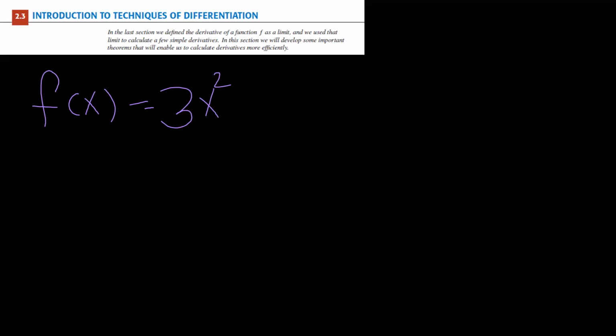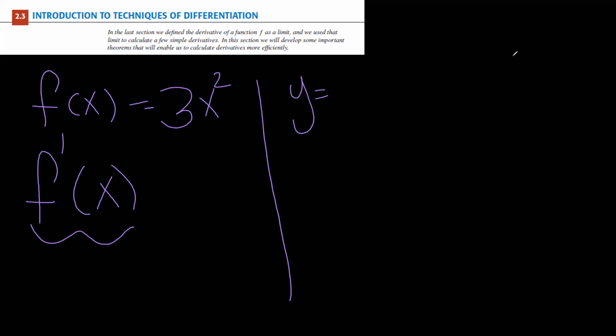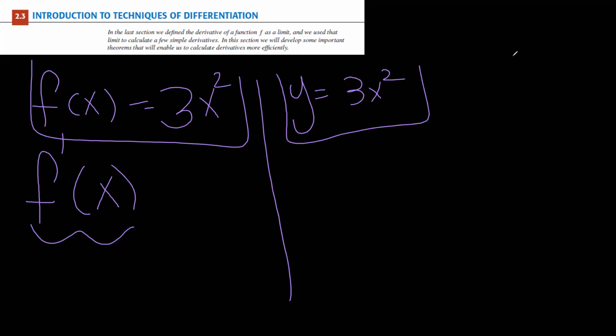I don't want you now to find the answer. You will say f prime of x. This one means the derivative of f of x. If the function is like y equal 3x squared, it could be written like this one, or like this one.